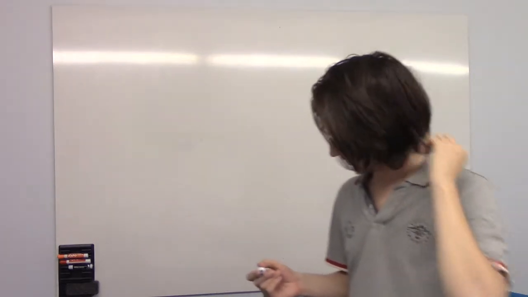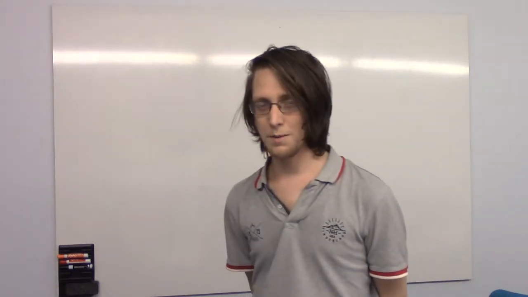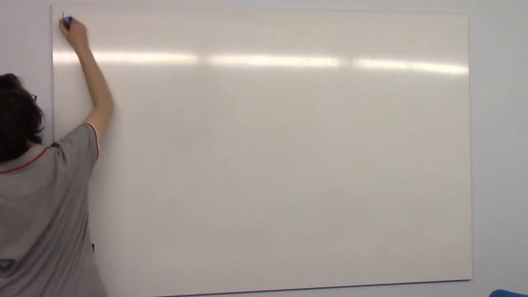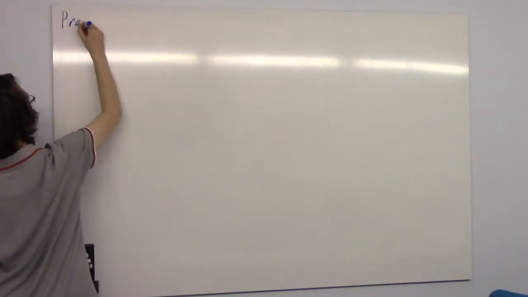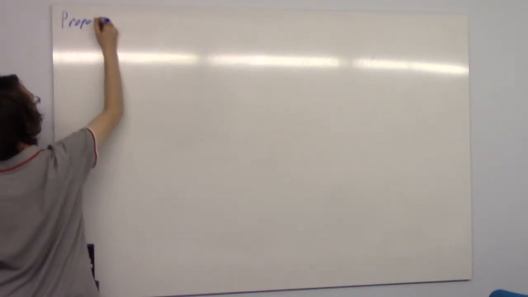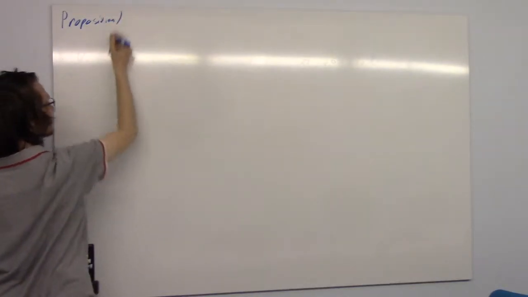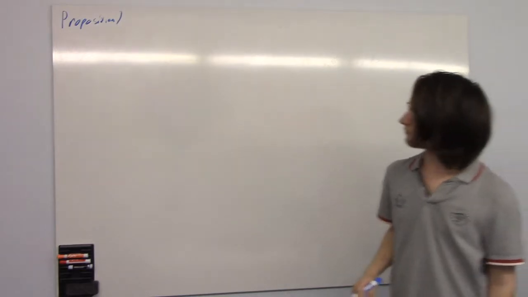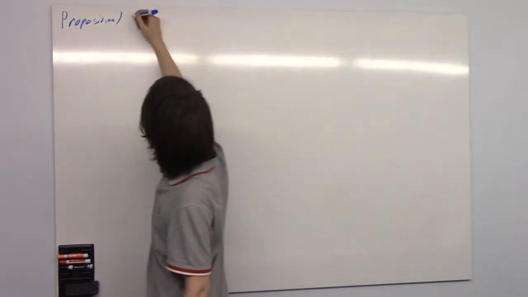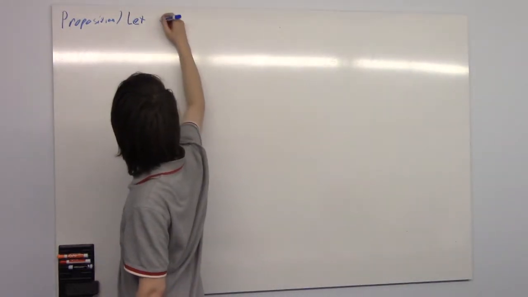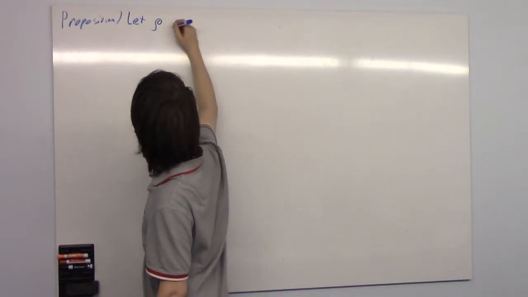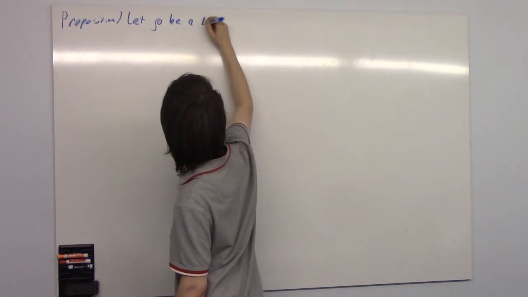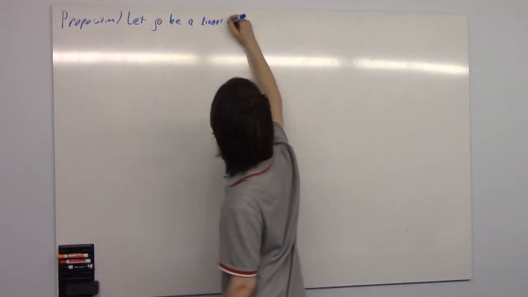Okay, so we're going to talk about linear functionals. Now we have a proposition. Let rho be a linear functional.